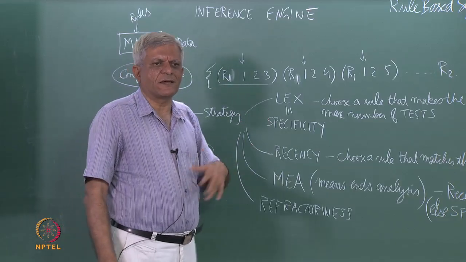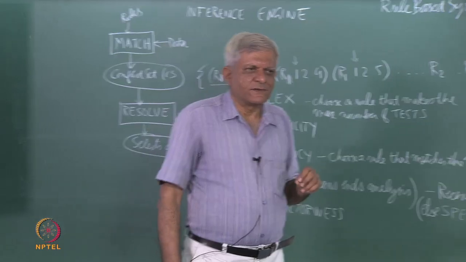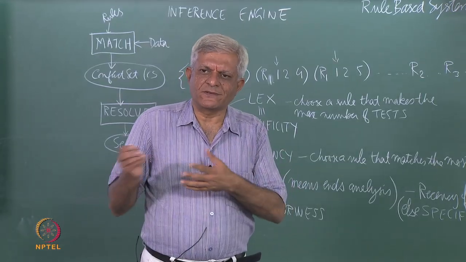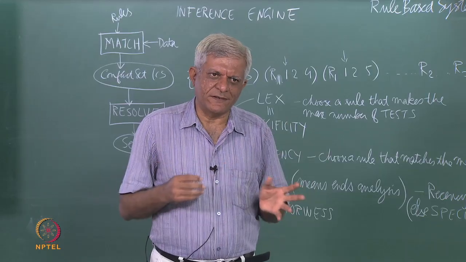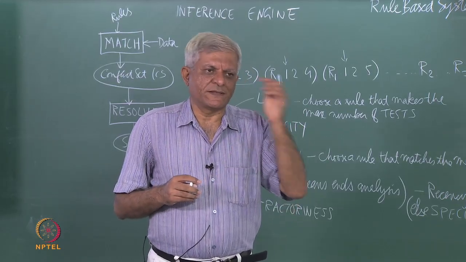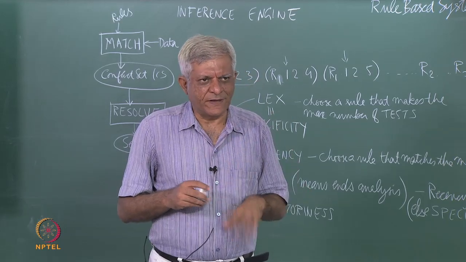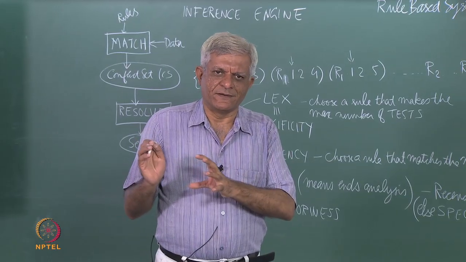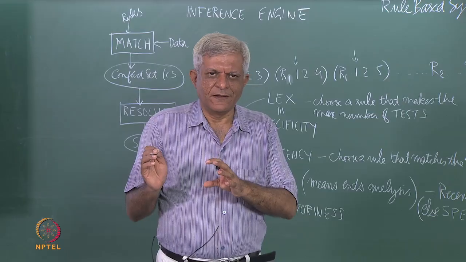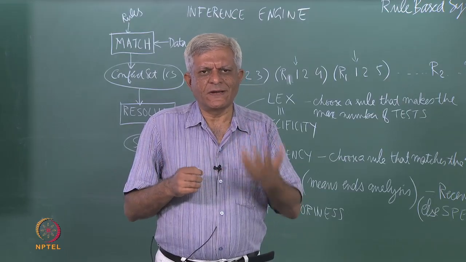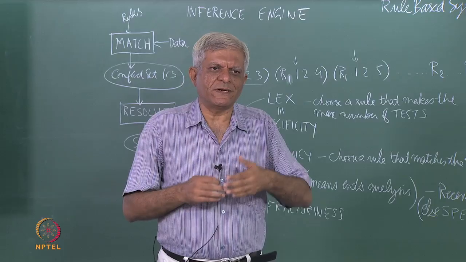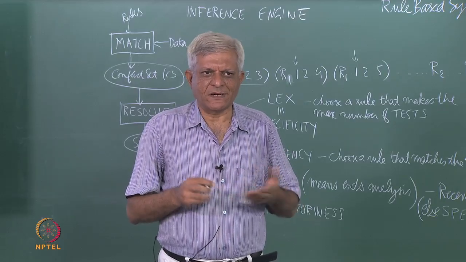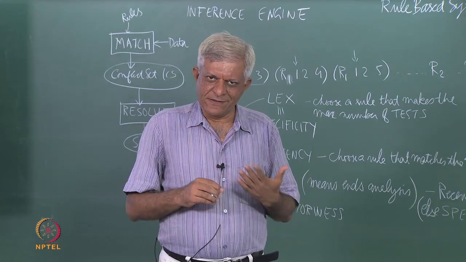So, let us say you are doing a classification task, or let us say the task is to classify students into grades essentially. So, you have said if a student has got more than 95 and he has done all the assignments, then give an A grade, and let us say this rule gets selected and it fires. So, you are already done with the task of classifying the student as an A student.